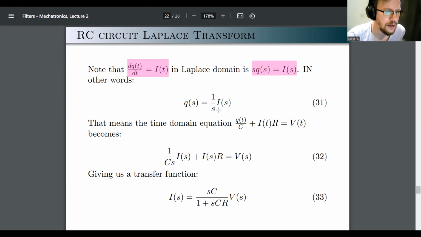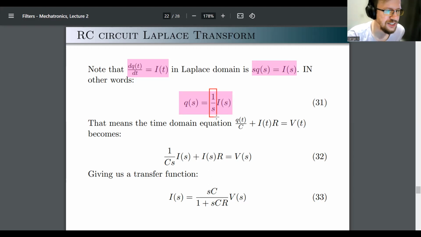This also means that q is equal to 1 over s times I.